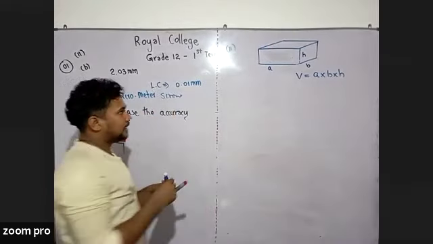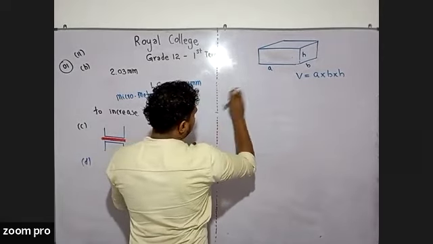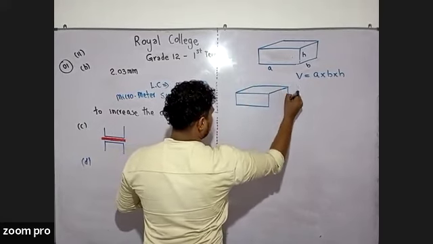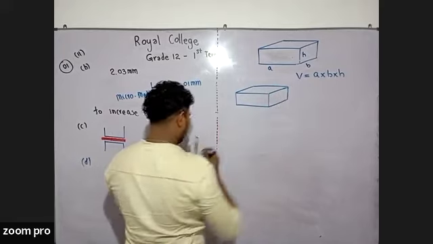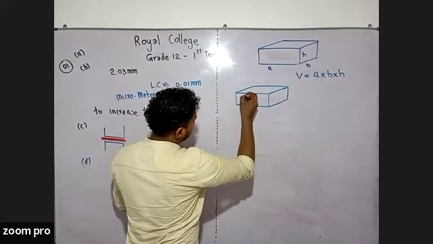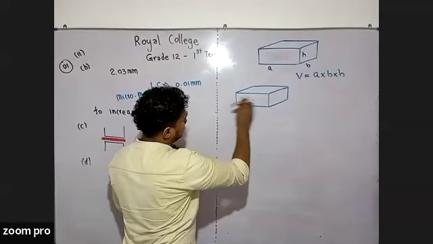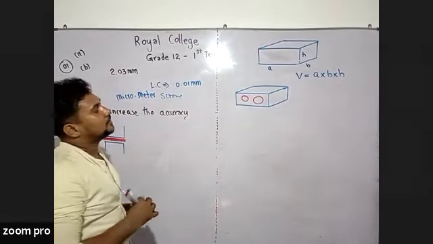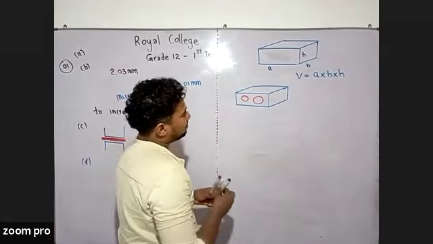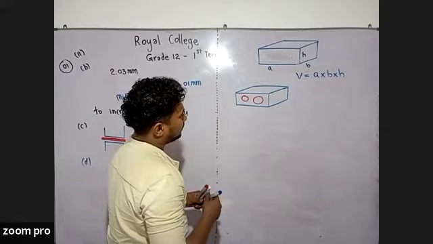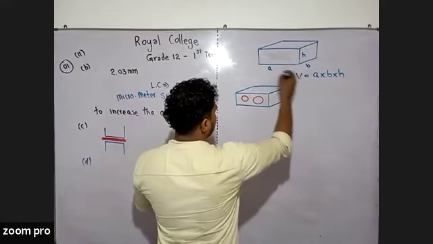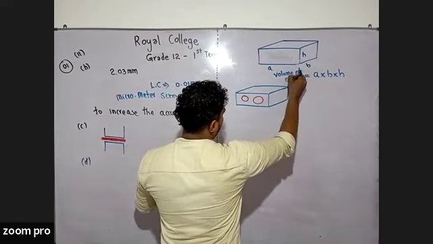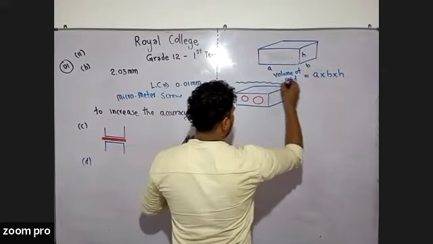Now let's assume there are some air-filled spaces inside this box. This is the way that we obtain the volume of a solid.